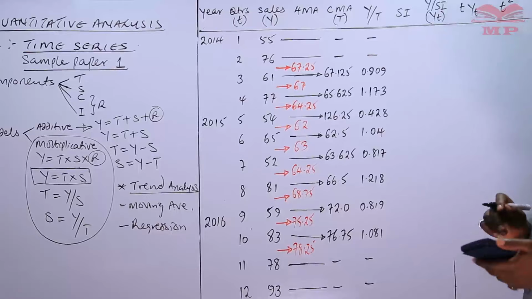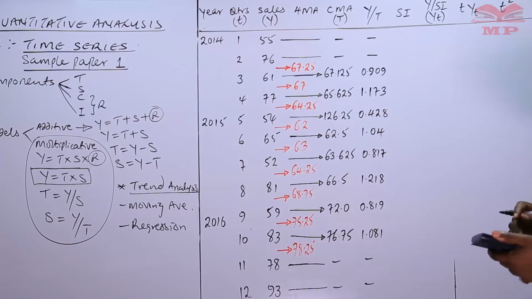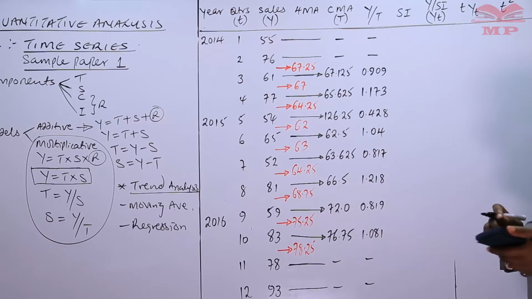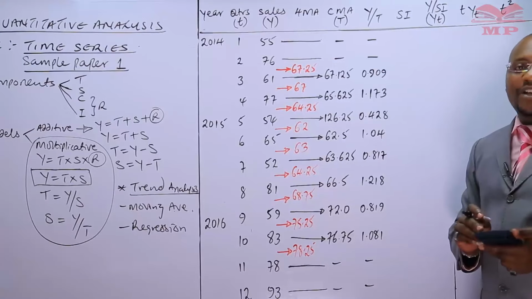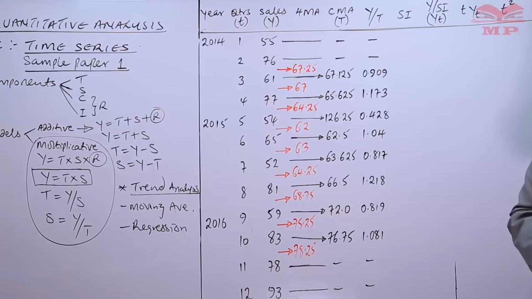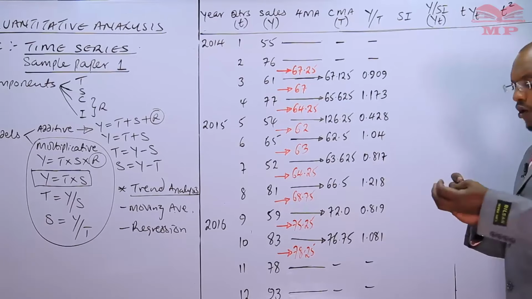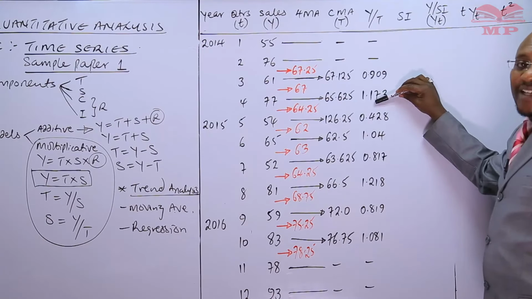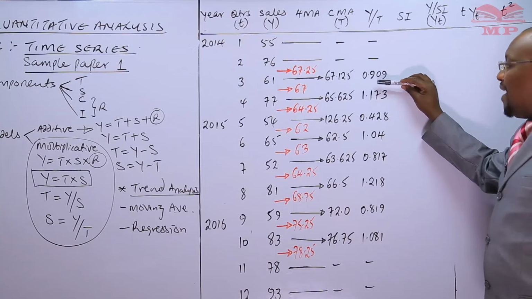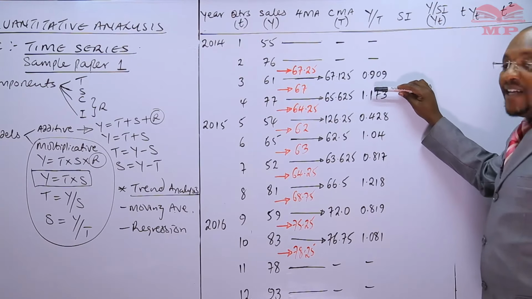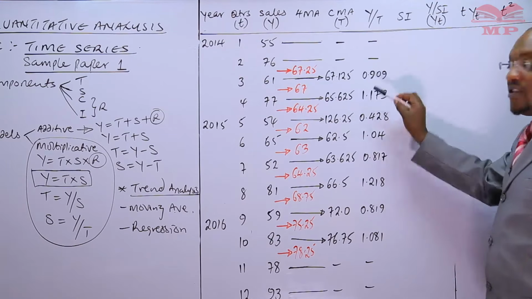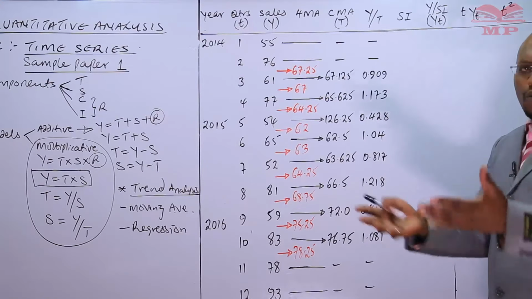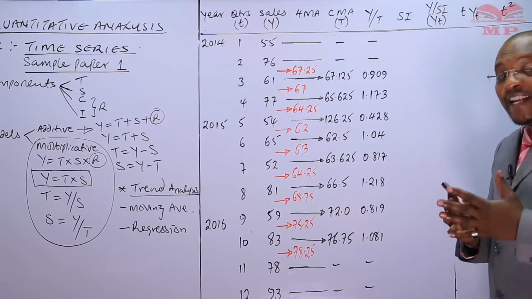So these are the seasonal variations, but if they are not harmonized and give us an effect of 1, you know, this season has understated, this one has overstated. Because of the under and overstatement, we would expect that by the end of the 4 seasons, there is no overflow from a year.